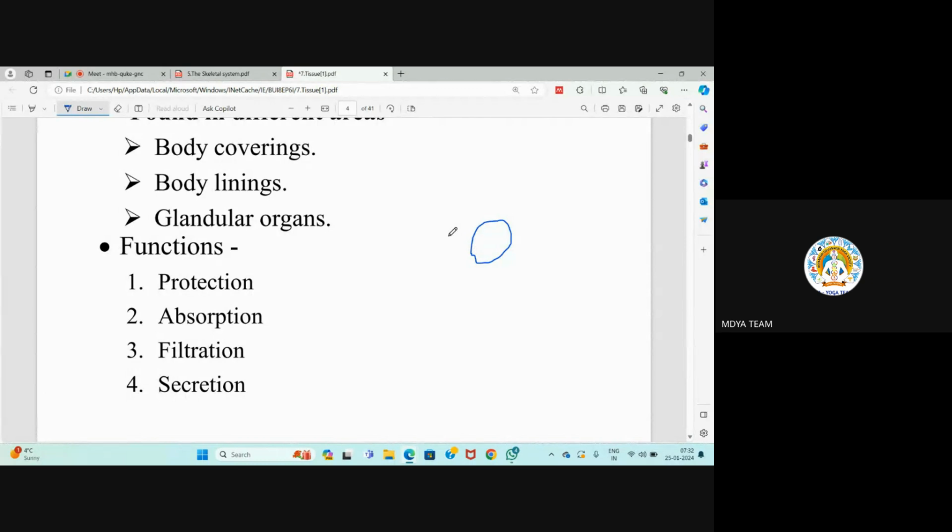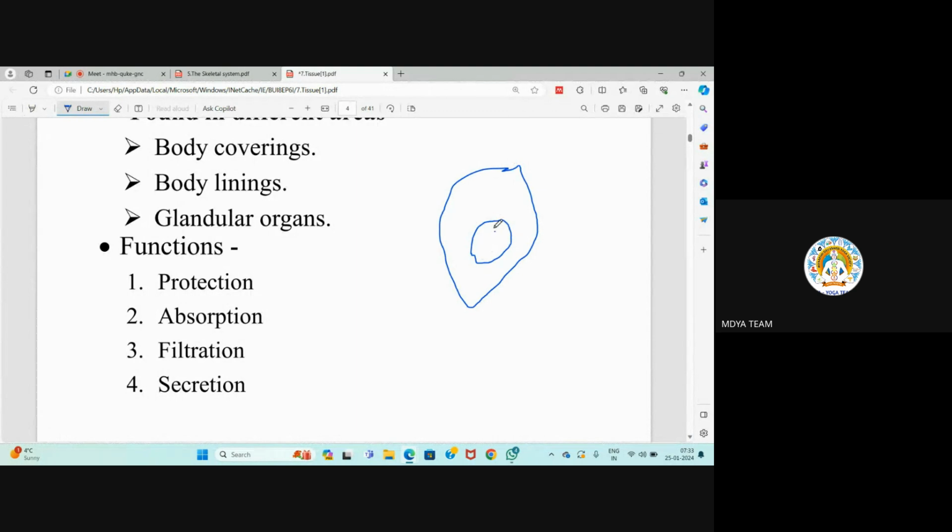Just imagine that this is a body part, and this one is a cavity in that body part.